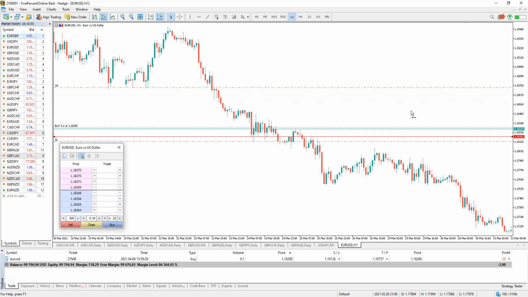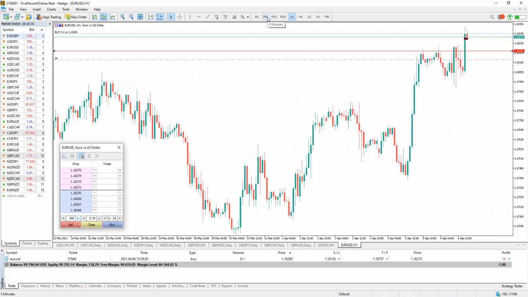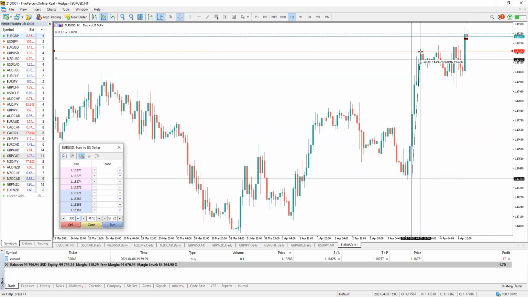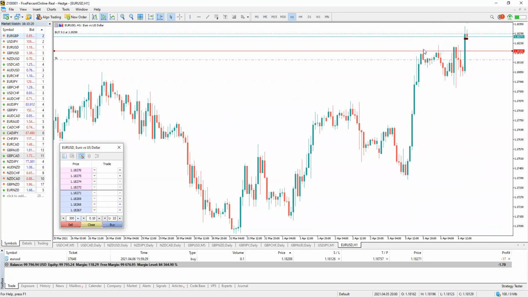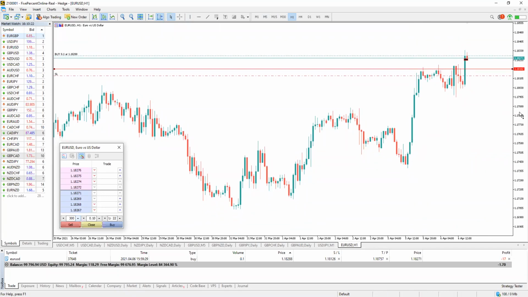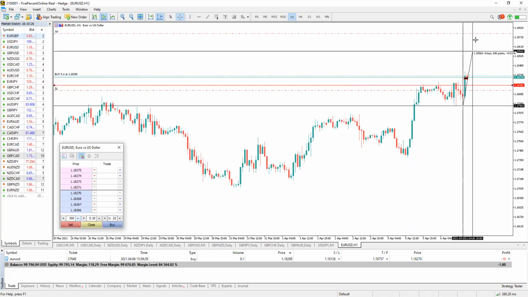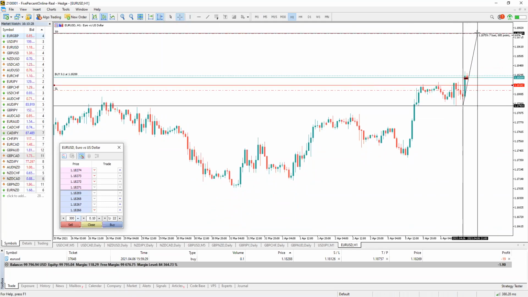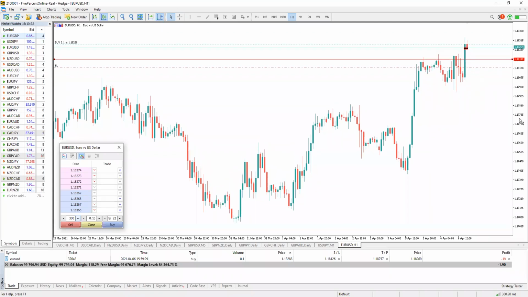So we need to wait and see. There hasn't been a lot of movement and volatility, so I'm not sure it's going to get there. But if we measure, let's say this leg, that was 80 pips. If we have a similar run now from this point, 80 pips would be exactly there where I placed the take profit line.